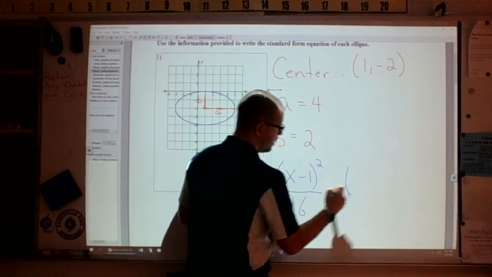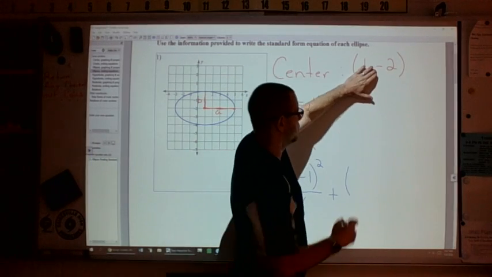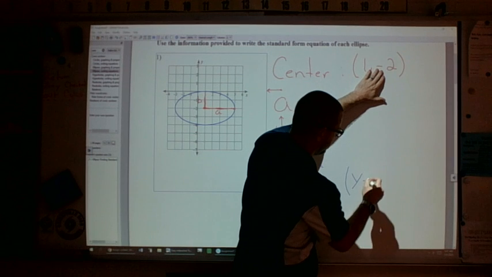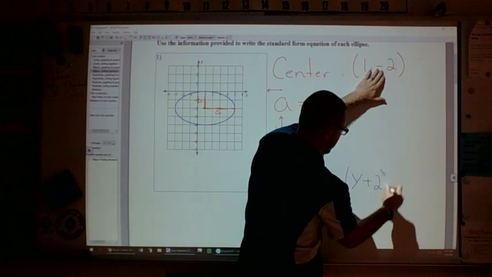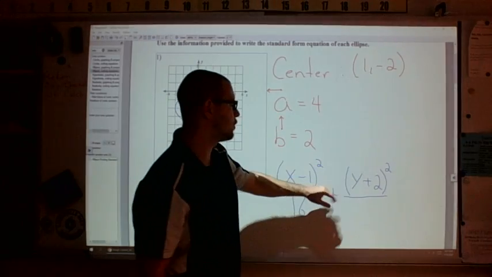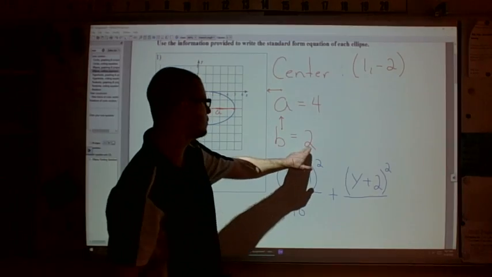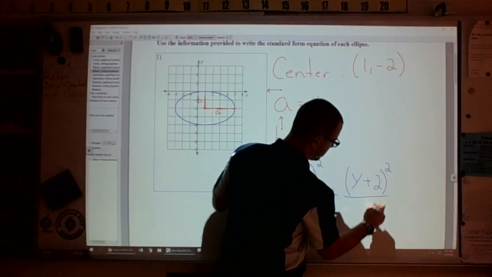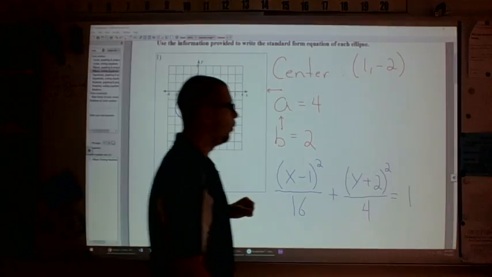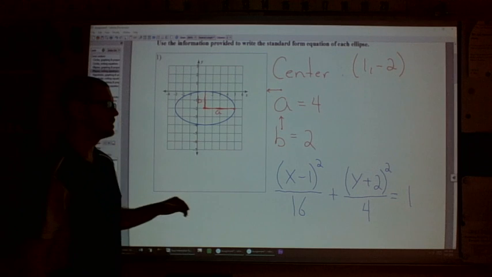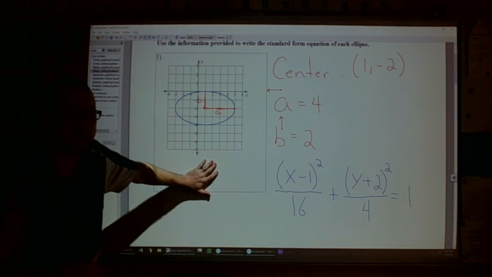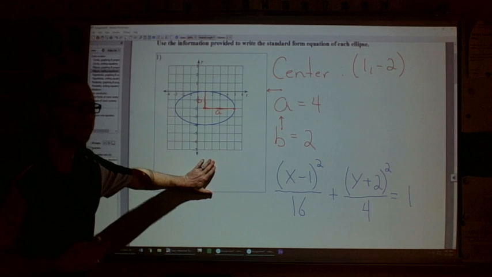Plus y minus k squared, so y minus the value of negative 2 changes to a positive 2, so we get that inside, opposite squared, over the vertical radius, which we found was 2, so 2 squared is 4, and then is equal to 1. So just like that, we get the standard form equation of the ellipse from analyzing the graph and finding those features.